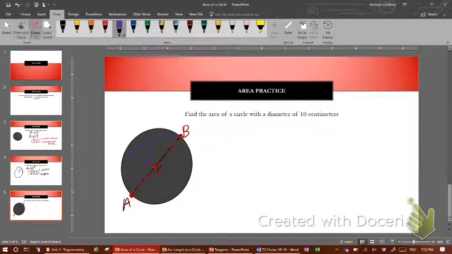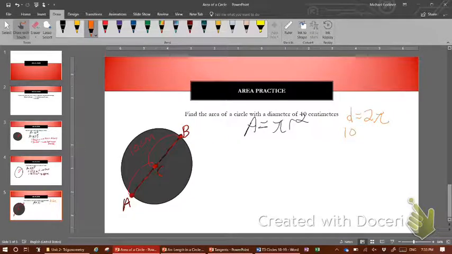That's not exactly clear. Let me use a different color. So, well, how do I figure out the area of a circle, which is pi r squared, when I don't have r? I have d. Well, as you might recall, d is equal to 2 times r.